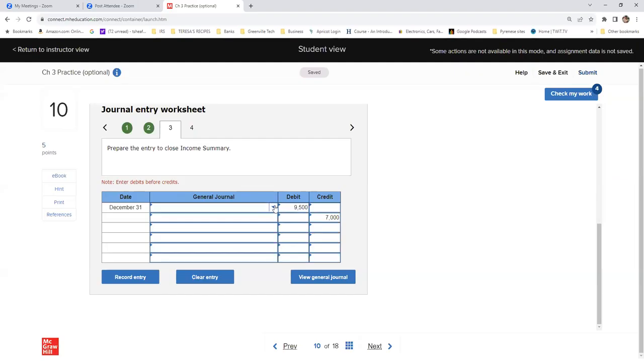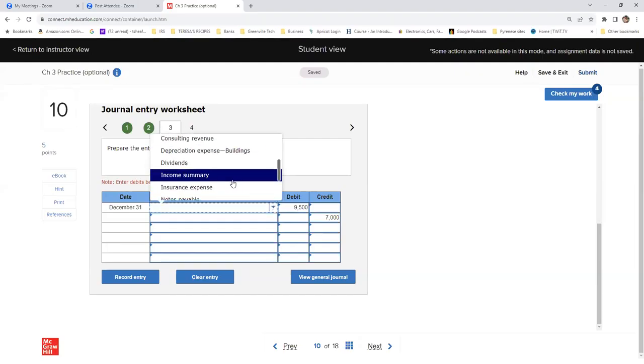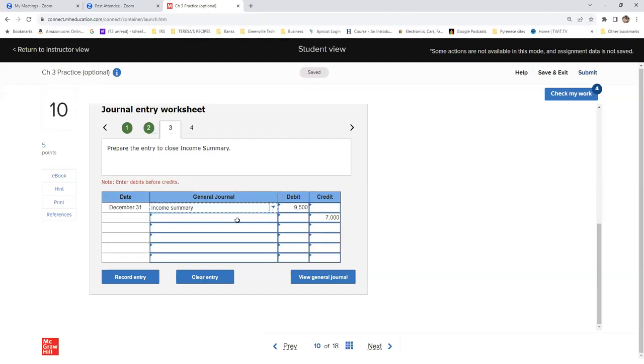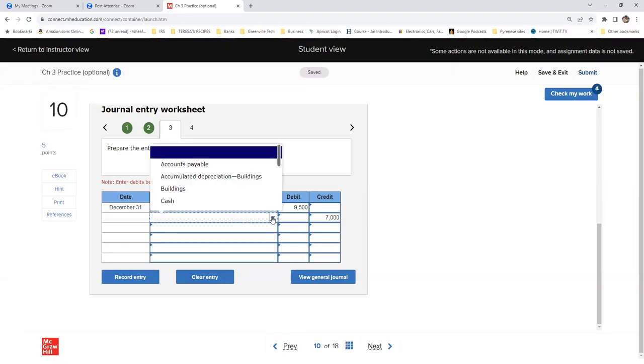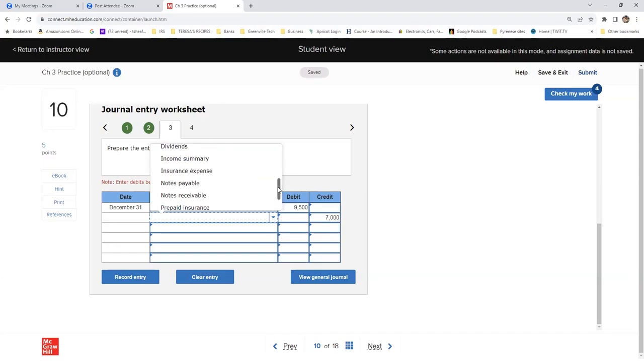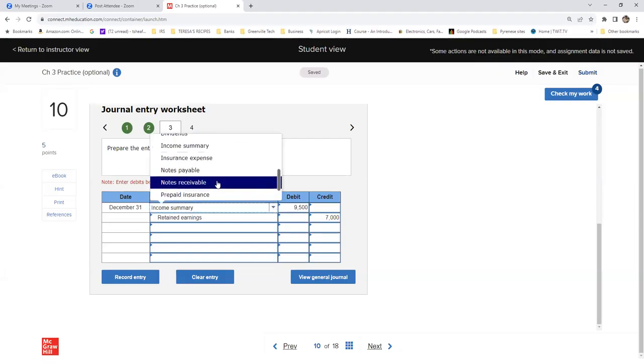So this is going to be income summary, and this is going to be income summary. Well, actually, no, I believe this would all be retained earnings. I'm sorry, I haven't done this in a while, so it comes back to me slow.